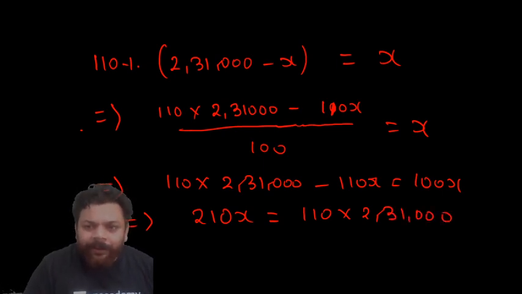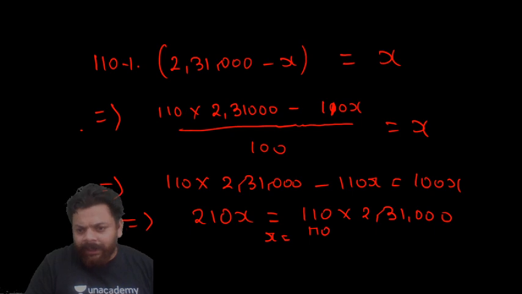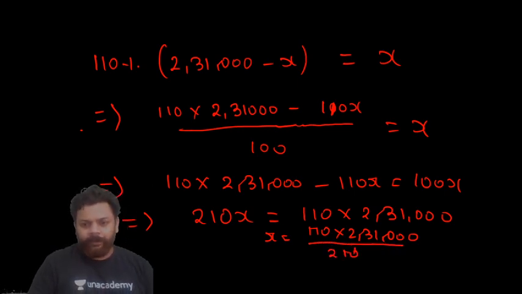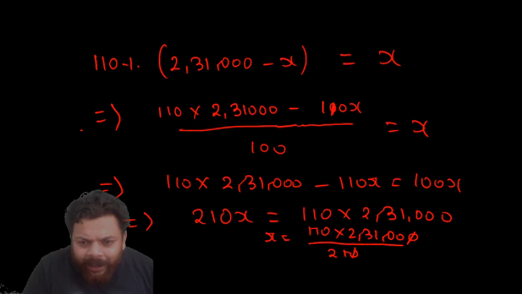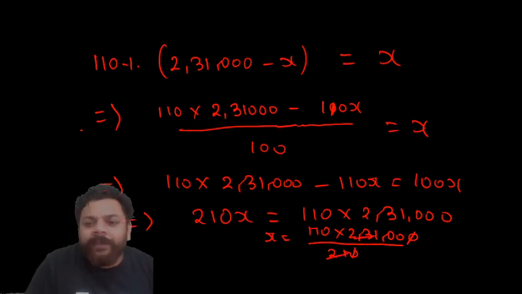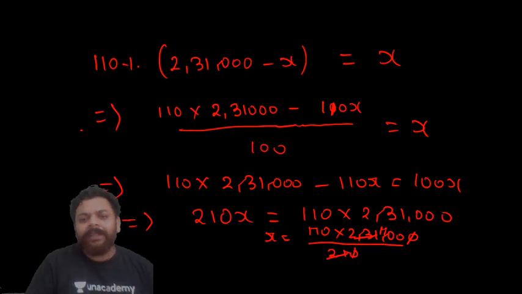So the value of X will be 110 multiplied with 2,31,000 divided by 210. And by calculating this, 231 divided by 21 is nothing but 11.